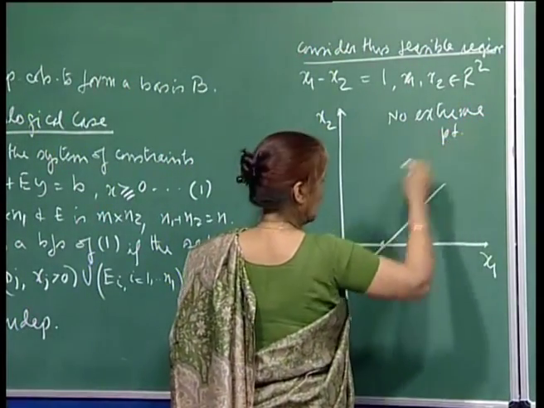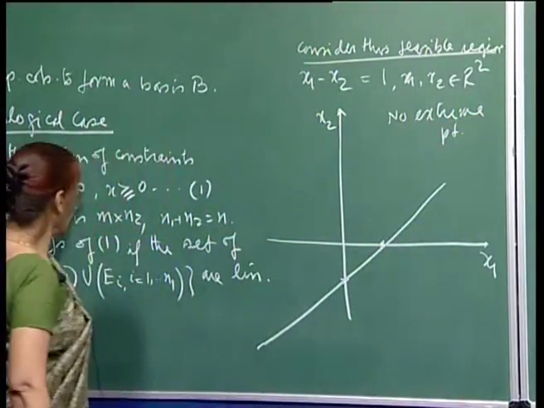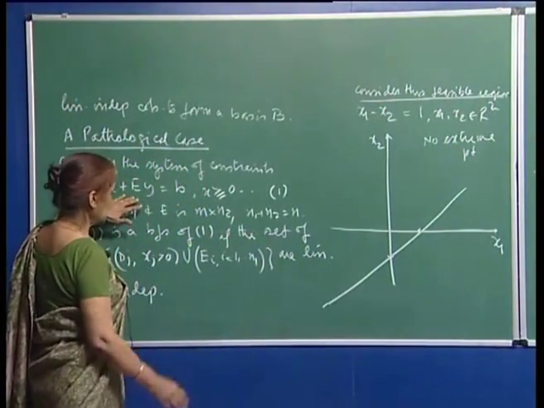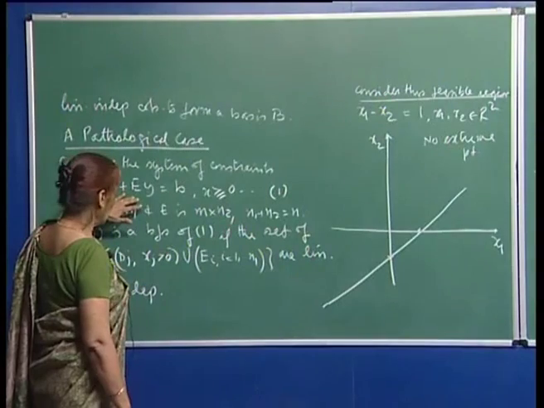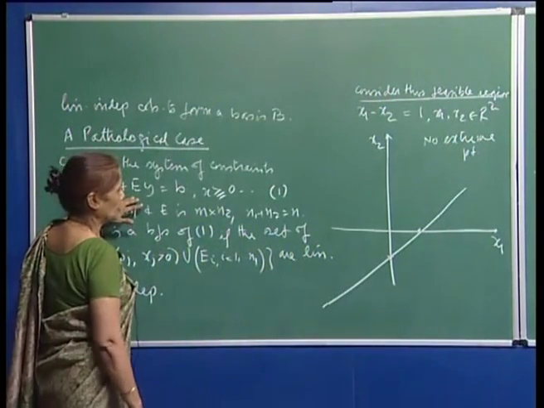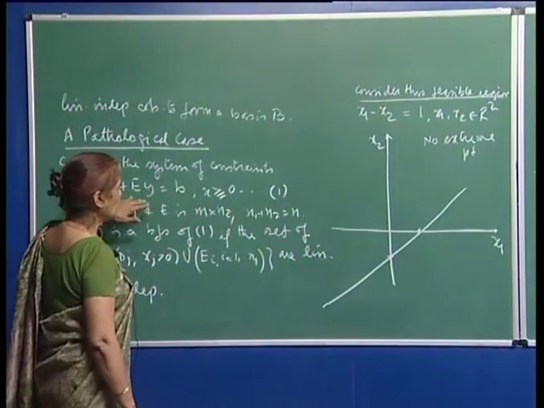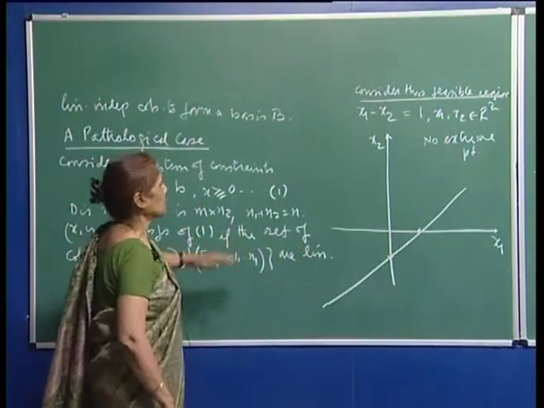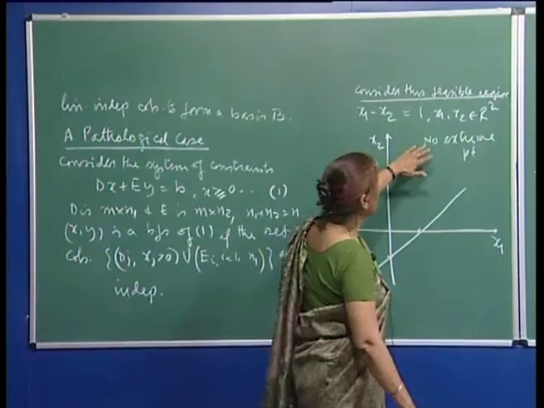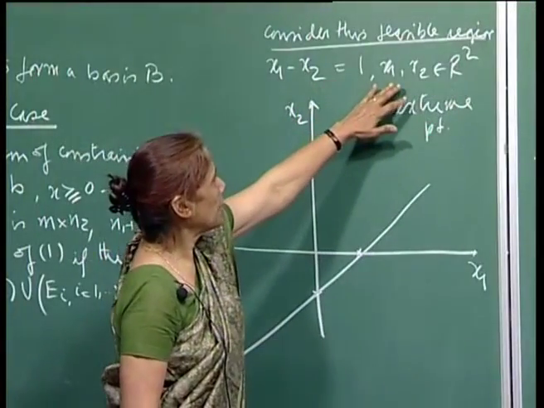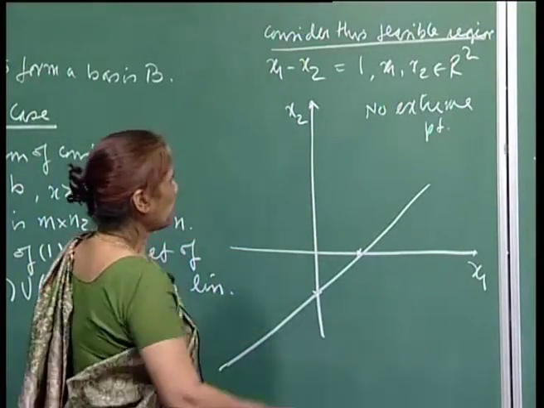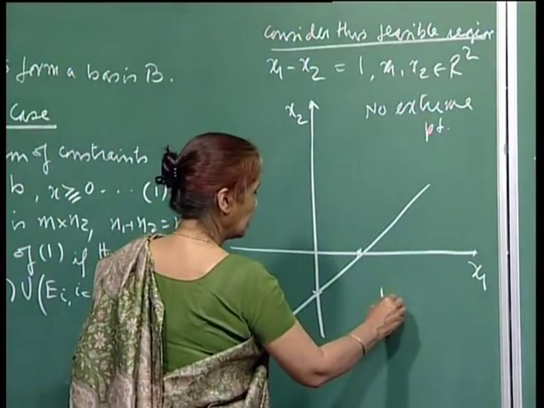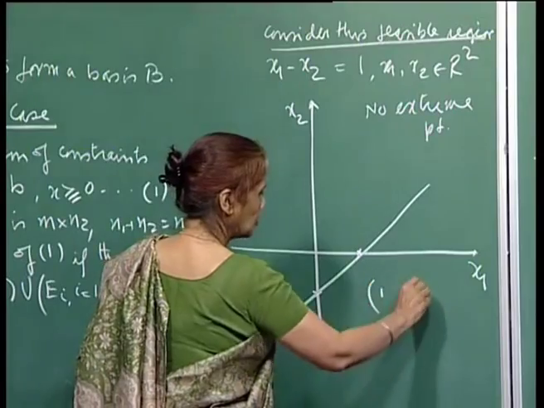No extreme point. You can see it from geometry, but if you apply this definition, this also gets verified. Remember you are in R2 and there is only one constraint. There are no xj variables, in the sense that no non-negativity constrained variables are here; both variables are free to take any value. So your columns are 1 and -1.